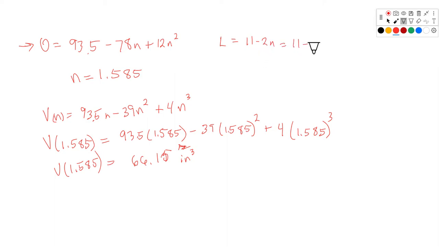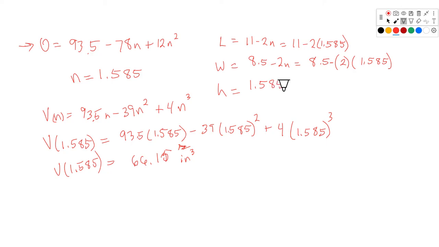We get 11 minus 2 times 1.585, and that'll give us our length. Our width we defined as 8.5 minus 2n, so that'll give us 8.5 minus 2 times 1.585. And the height is always the easiest because it's just 1.585. No calculation to do.